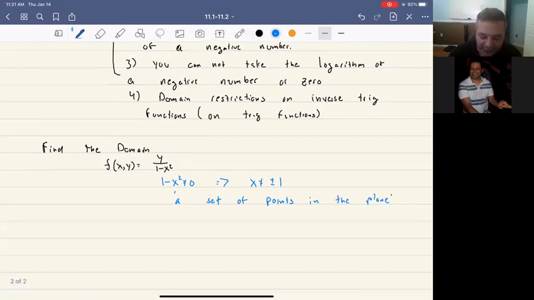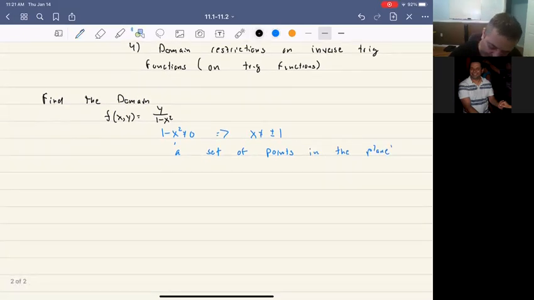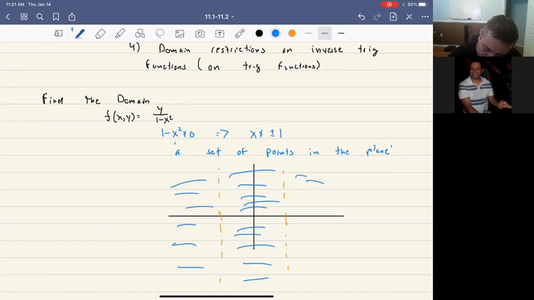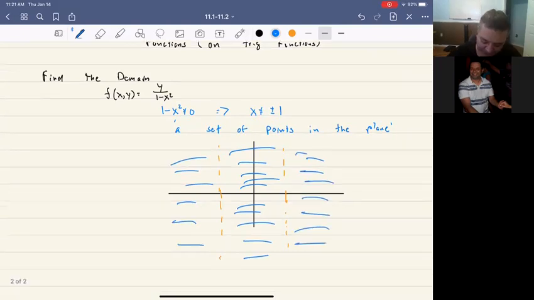If we think of it as a set of points in the plane, the domain is everything except those 2 dashed lines. It's the only restriction we have here. Okay, let's do another.